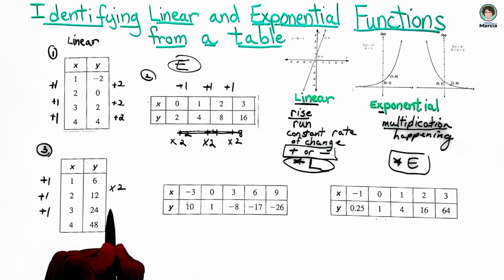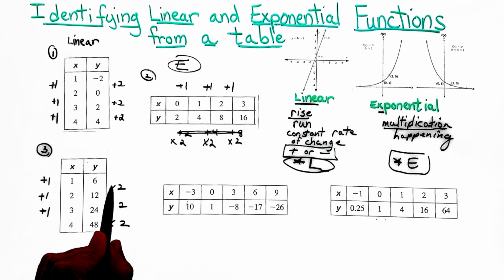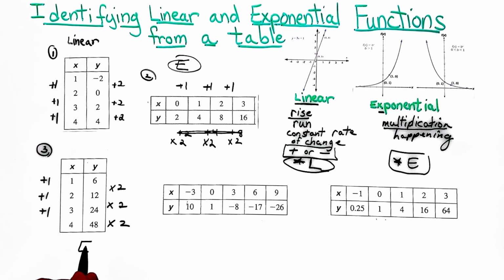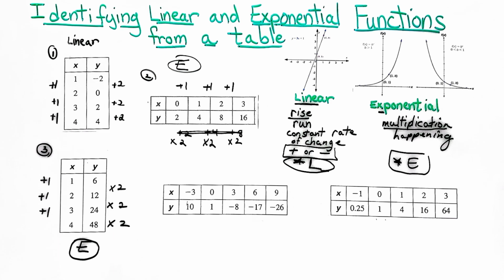So I am multiplying both of these by 2. Oh, and the next one would be multiplying by 2. So I know that this is an exponential function. And when graphed, it would look like this curved line.